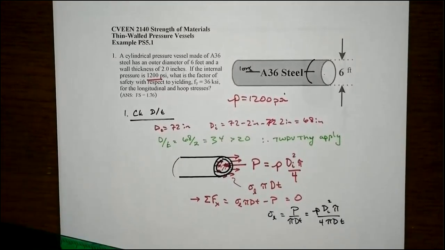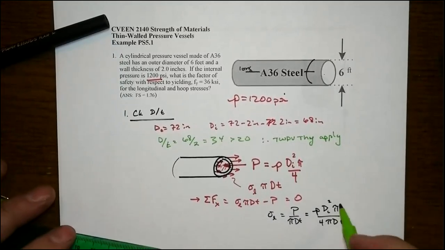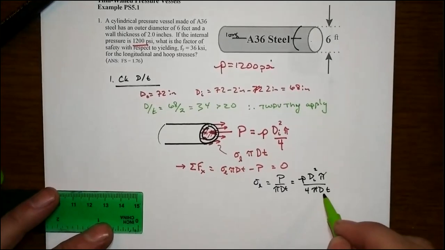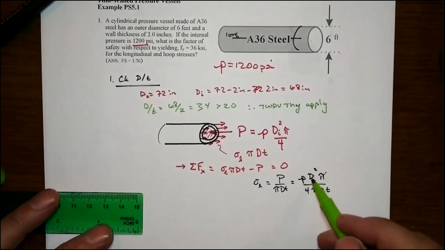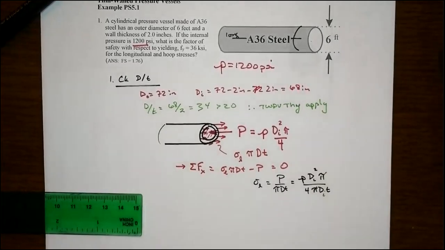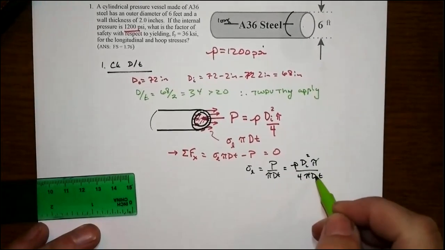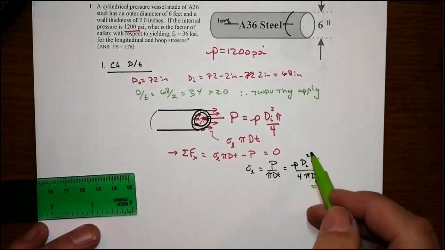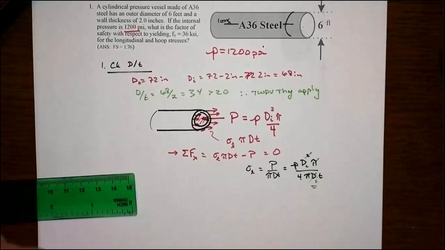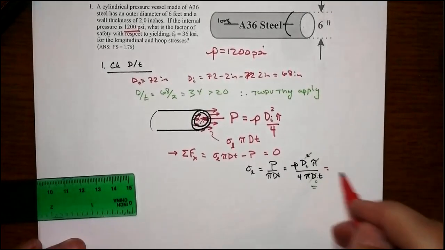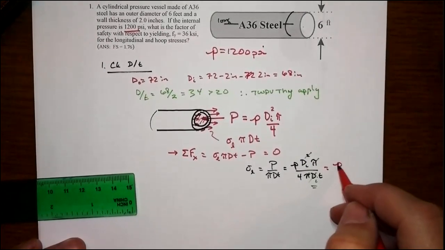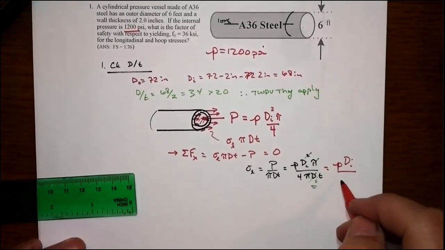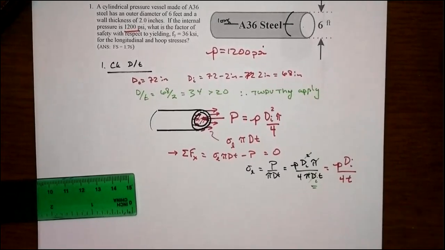Notice that we get some nice cancellations happening. The pi's go away. And boy, it sure would be convenient if we used di here, because we know that's more exact for this internal pressure effect. And so if we do that one down here, it's an arbitrary selection. We get rid of one of those, and we're left with our model that our longitudinal stress is equal to our internal pressure times our inner diameter over 4t, right?